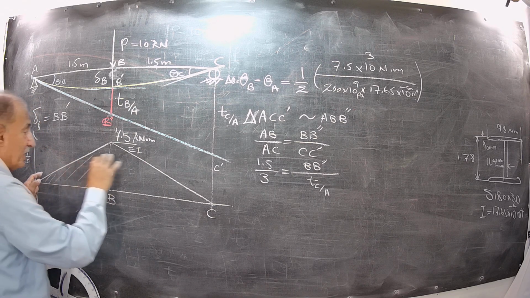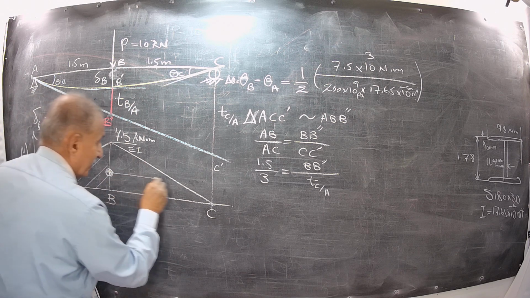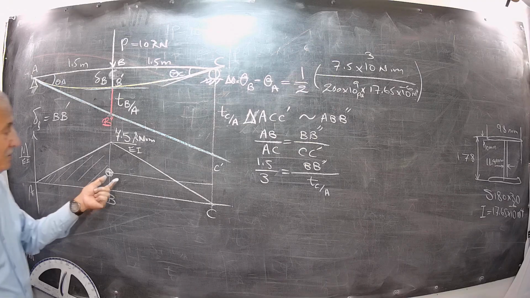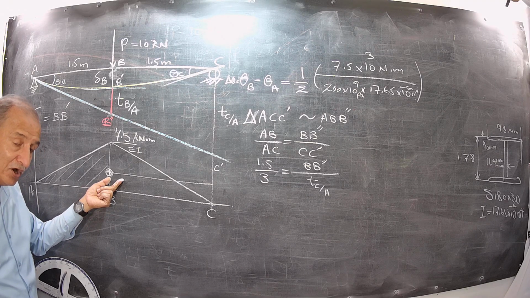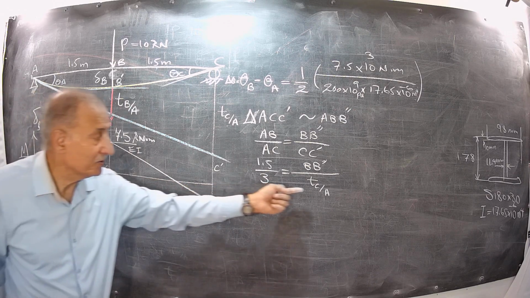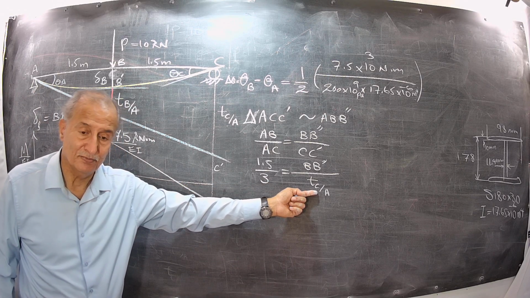Then I find the area, multiply it by this distance, and take the moment of the area under the M over EI diagram. This is the second theorem. Then this is equal to the value TCA.